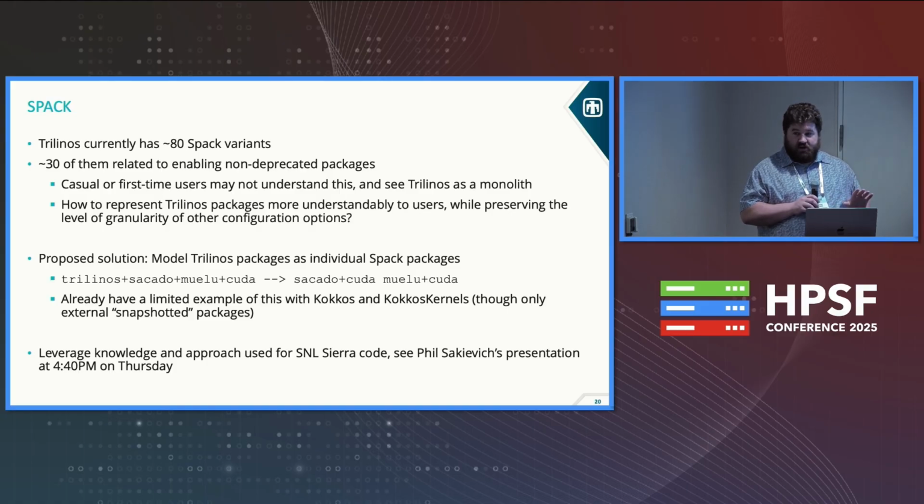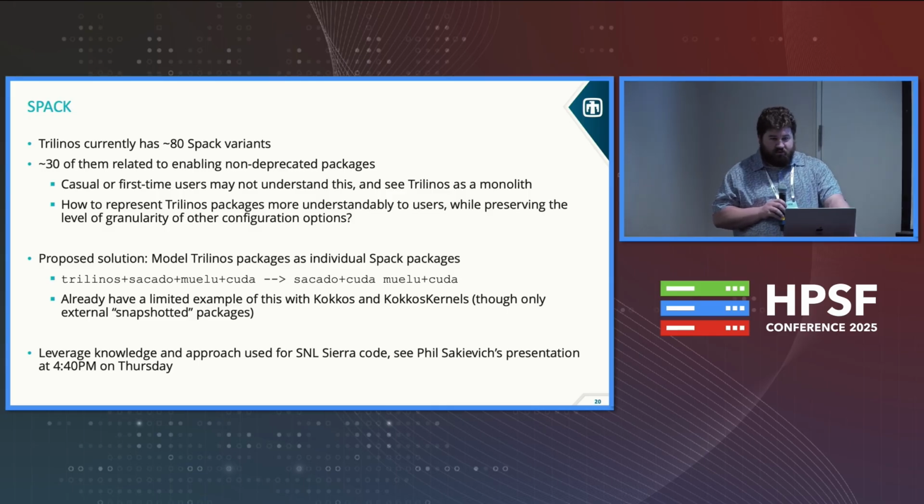There's a lot of machinery to get right to do this correctly and have everything hook up and set the inter-package dependencies correctly. We do have a limited example of this with Kokkos and Kokkos Kernels. If anybody knows, if you build Trilinos through Spack, you only get the external Kokkos and the external Kokkos Kernels. But this is only for snapshotted packages.